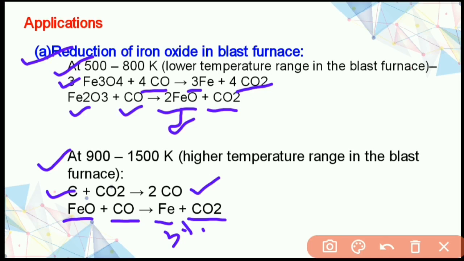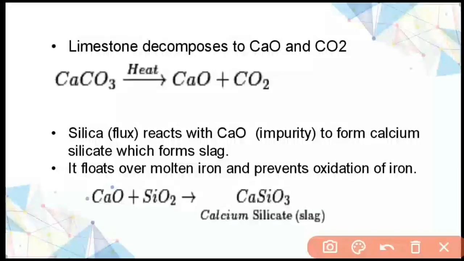Let's see next. In the ore of metals, other metal compounds are present as impurity. So here calcium carbonate, limestone, is present as an impurity. When we heat the ore of iron in the blast furnace, it absorbs heat energy and decomposes into calcium oxide and carbon dioxide. So for removing calcium oxide from the ore of iron, we use silica as a flux.